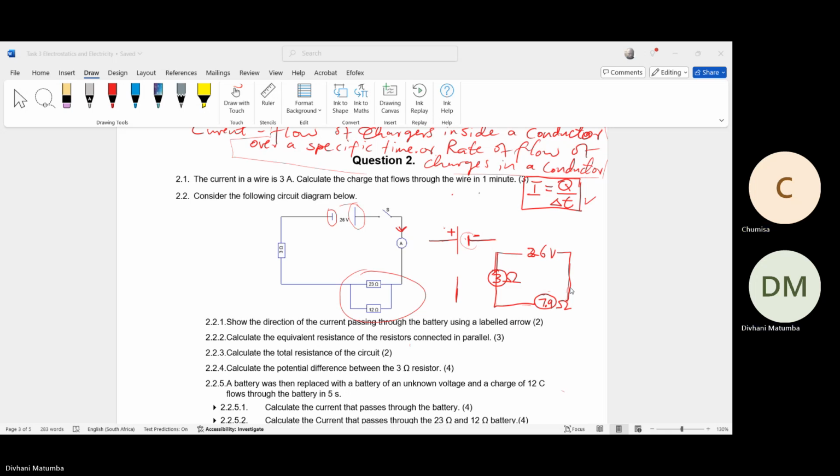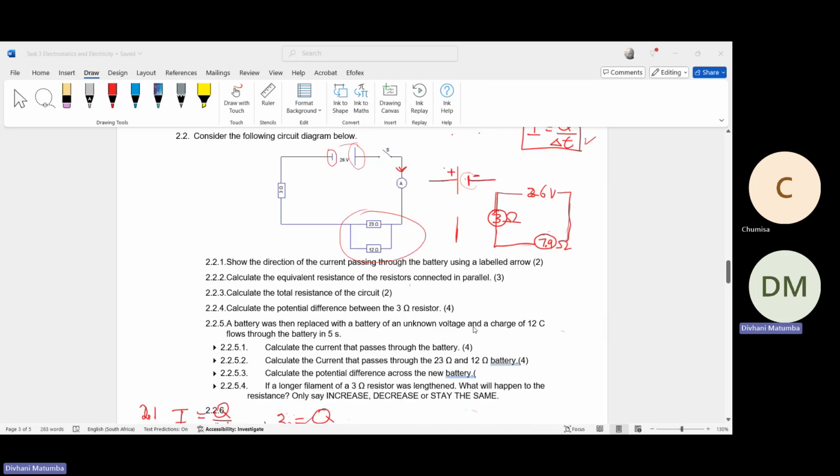Perfect. First thing first, you resolve the parallel connections. Second, you find the equivalent resistance, or R parallel. You can call it whatever. Then once you are done with all the parallel branches, you will have a simplified series circuit. Then you just add your resistances. So that's what you're going to be doing throughout electricity.